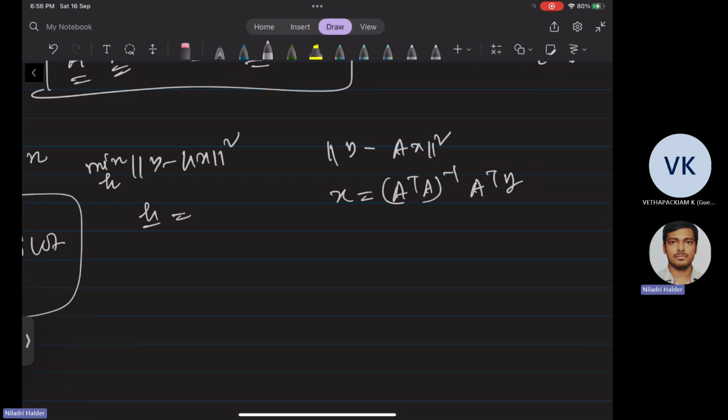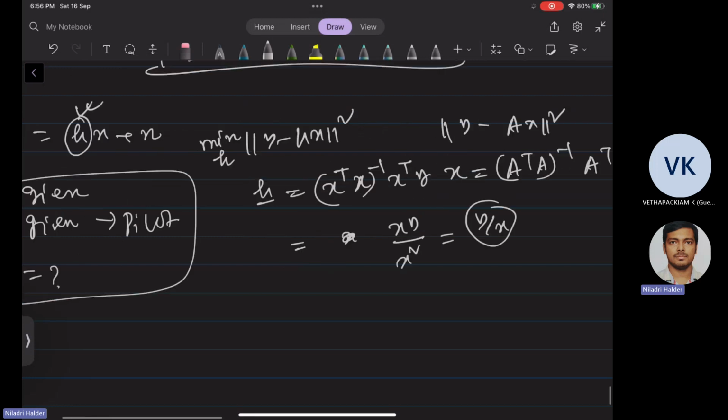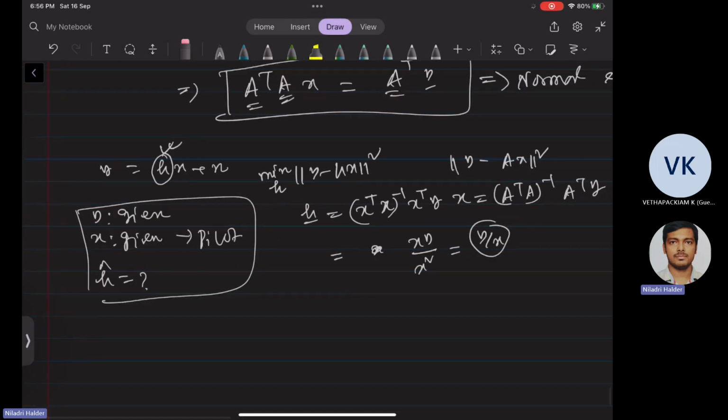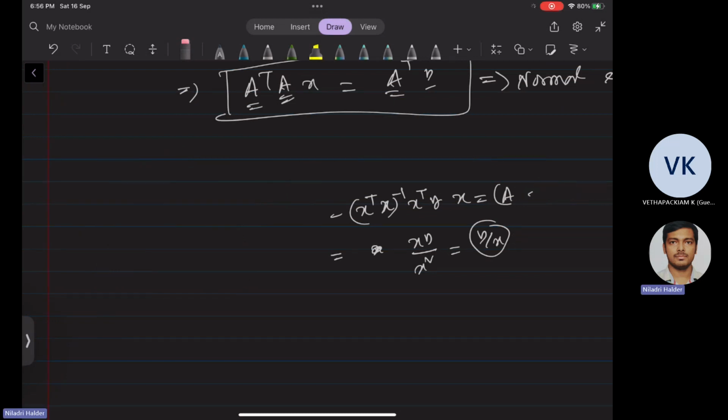So H will be (X transpose X) inverse X transpose Y, and here all are scalar, so X square. So inverse means 1 by, so XY by X square, that means Y by X only. So that is the solution for this case. So yeah, understood. You can use this least square problem itself.